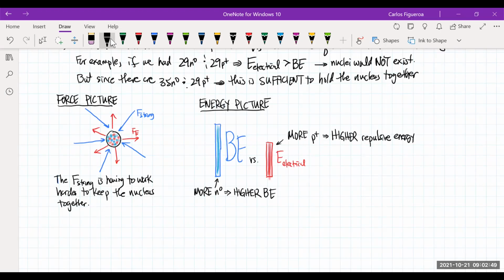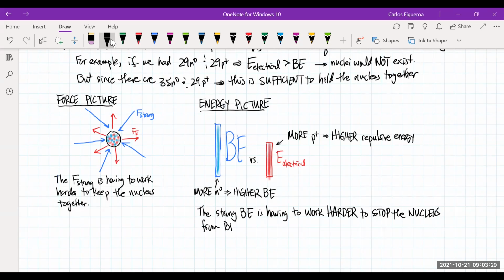And so in summary, we could then say that the strong binding energy is having to work harder to stop the nucleus from blowing apart.